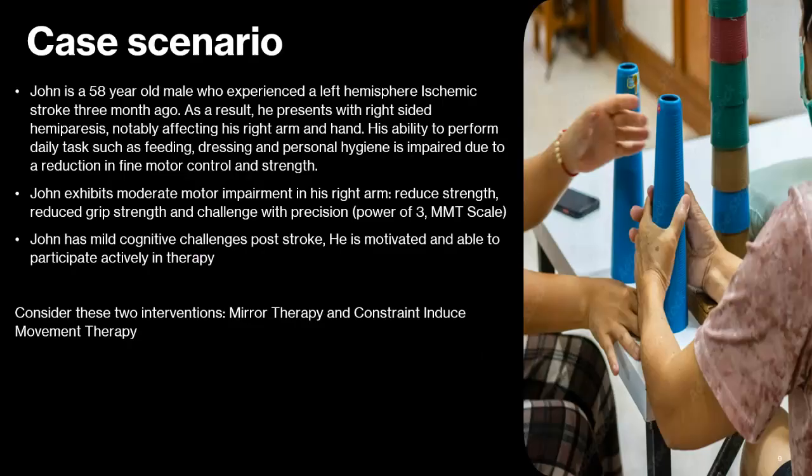So we want to look at a case scenario in order for us to understand these things more appropriately. So John is a 58-year-old who has experienced stroke. He has challenges with performing his ADLs due to a reduction in fine motor and then strength.